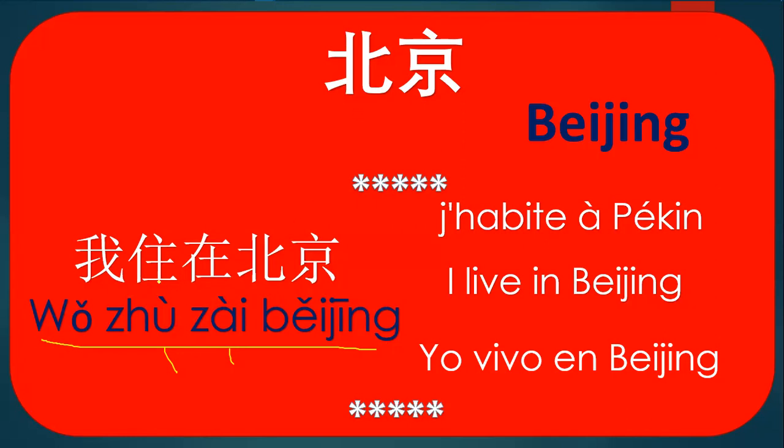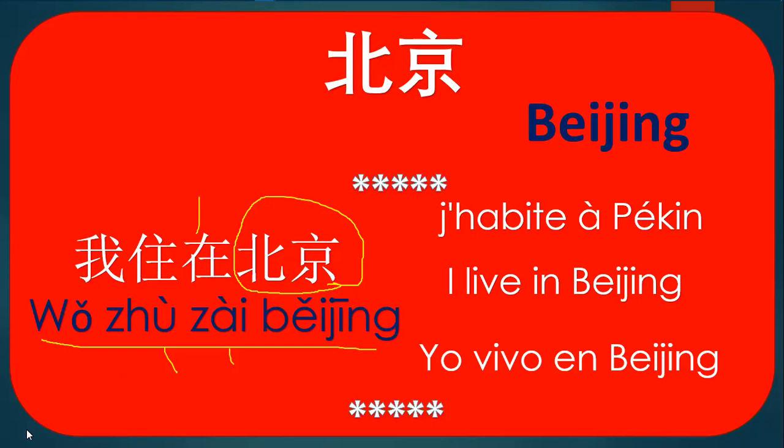So our word for this part is Beijing, which is the capital city of China. And we said we could replace this with any other city that we want. So that one is pretty easy.